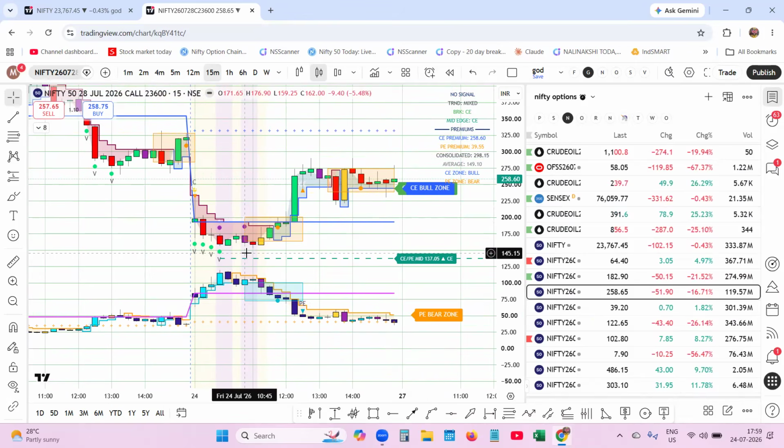In this pressure cooker system, I am not going to chase the price or anything. Only professional traders become excited when prices stop moving, because markets expand after periods of contraction.